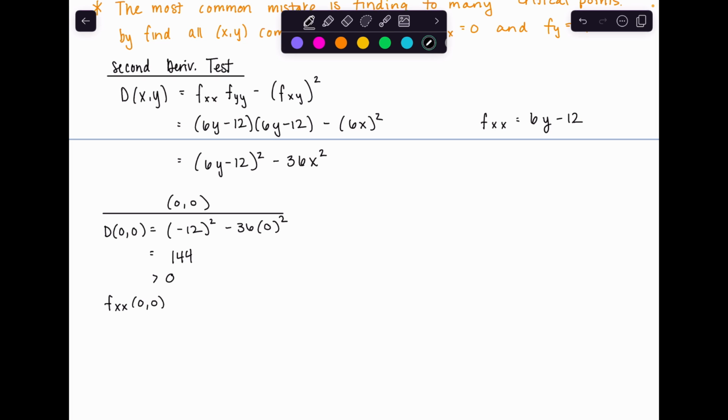So I'm going to plug this into my partial with respect to x twice, and that would be 6 times 0 minus 12. So overall, the second partial is negative. And remember, negative you can think of as concave down. So that means this is a local max.